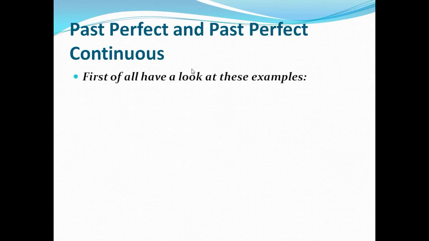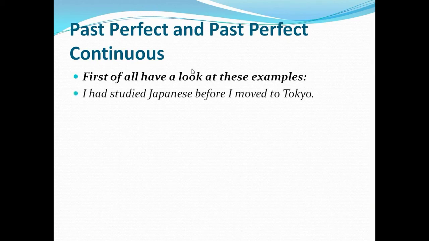So it is the first of all. Have a look at these examples. أول حاجة نشوفوا هاد examples بعدا. I had studied Japanese before I moved to Tokyo. يعني من هنا كتشوفوا بأن لاكسيون الأولانية اللي وقعت هي studied.